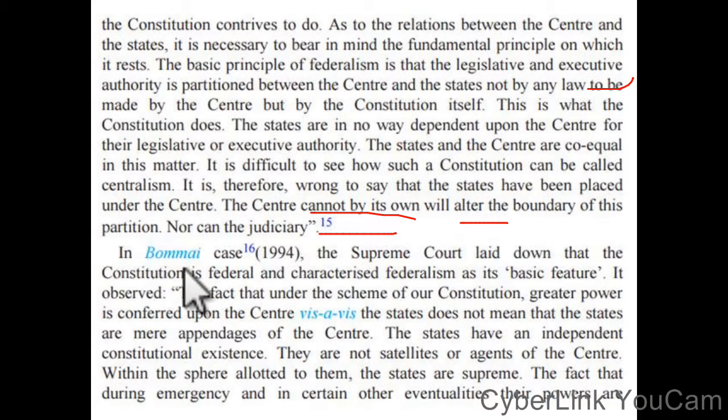In the Bommai case, 1994, the Supreme Court laid down that the Constitution is federal and characterized federalism as its basic feature.